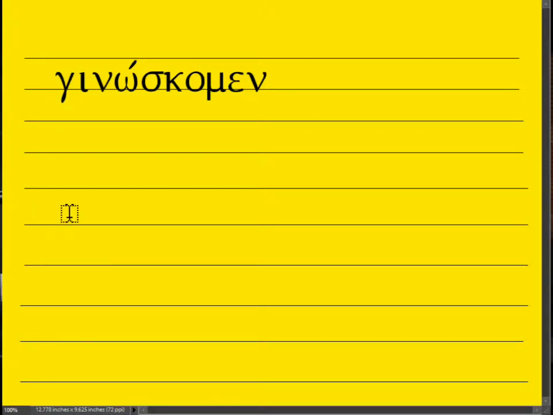The next one, let's actually skip to number 2, and it says "they are loosing," so let's put this one up here. The root, I know, is lu, and the third person plural ending is -ousi, so I'm going to go omicron, upsilon, sigma, iota. And again, the rules of accent are going to function about the same way.